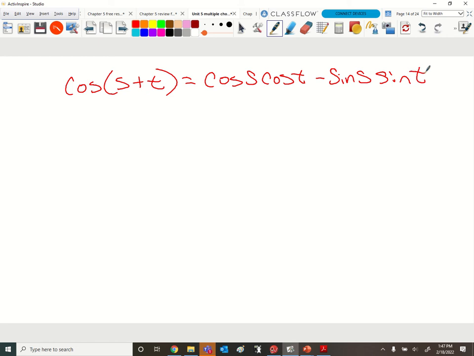And we're going to use those X, Y's, and R's that we just had to plug in. So cosine of S was -1 over 6. Cosine of T, very good, thank you. Minus sine of S.